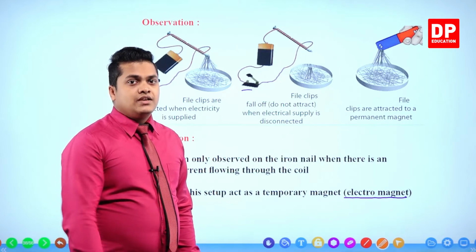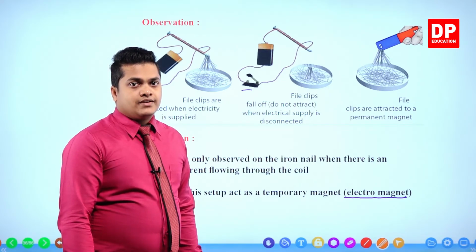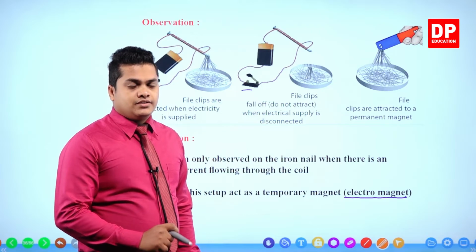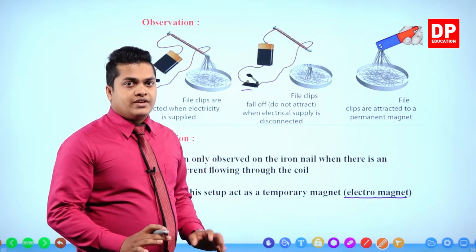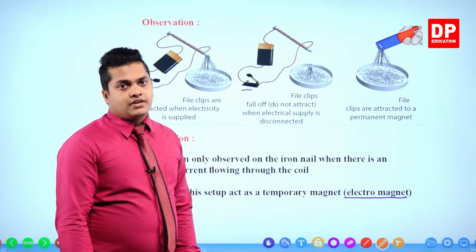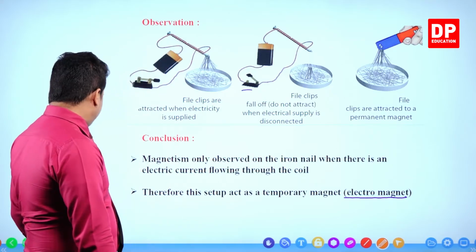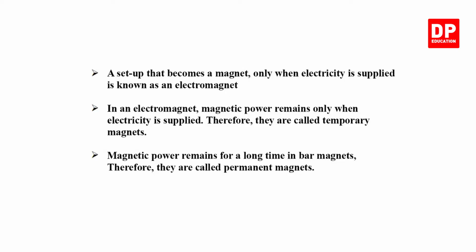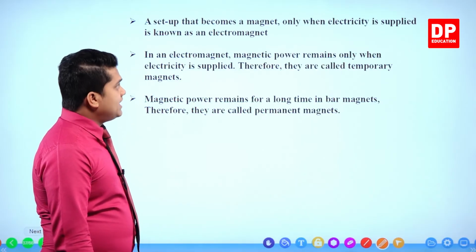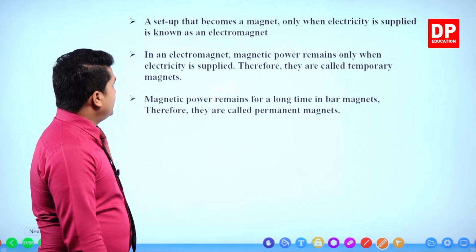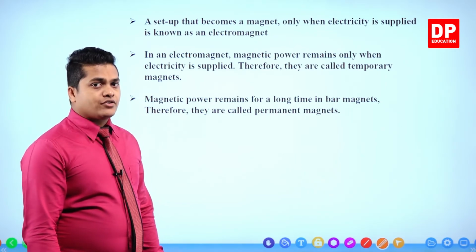When you kill the current, a temporary magnet will definitely lose its magnetic field. So a setup that becomes a magnet only when electricity is supplied is known as an electromagnet.